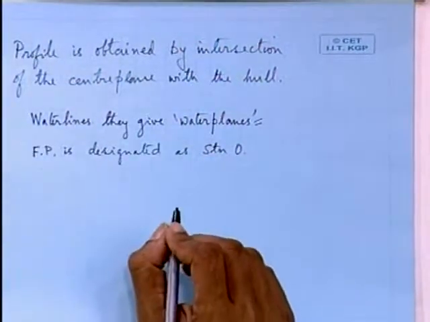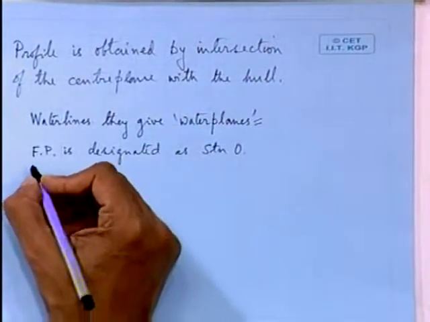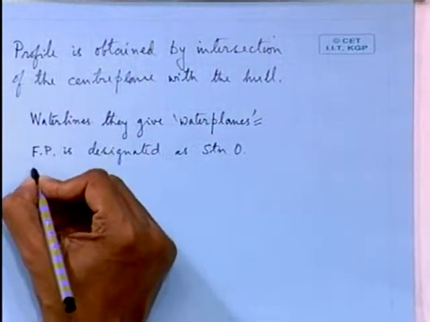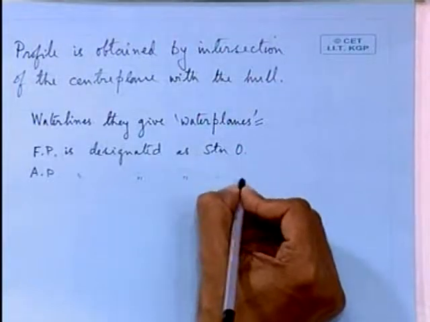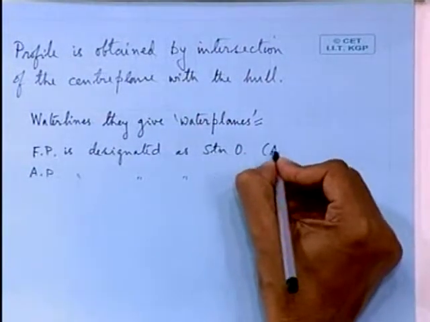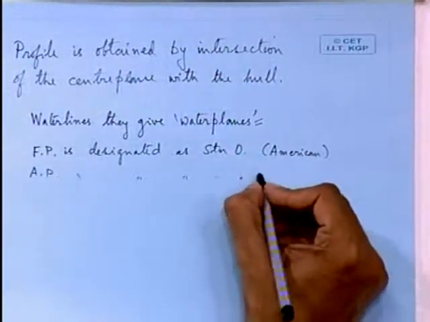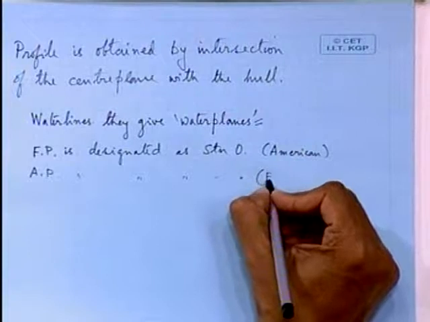And of course in Europe and Japan it is the opposite, that is, it is located at the AP. AP is designated as station 0. So this is the American practice, and this is the British, Japan, European practice.